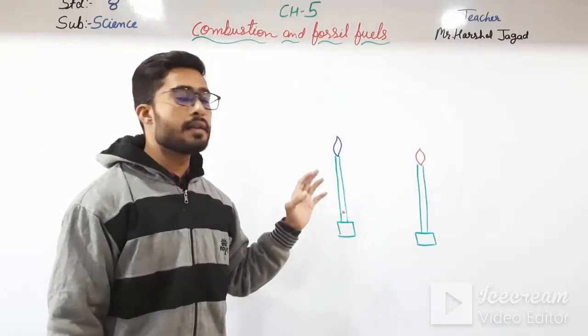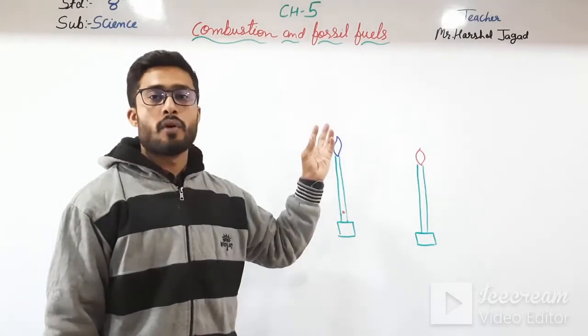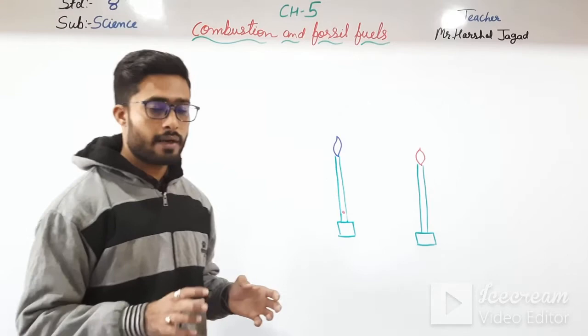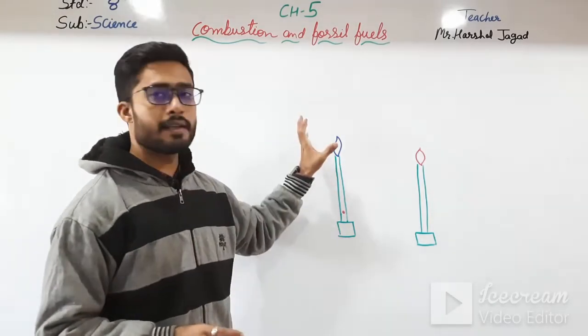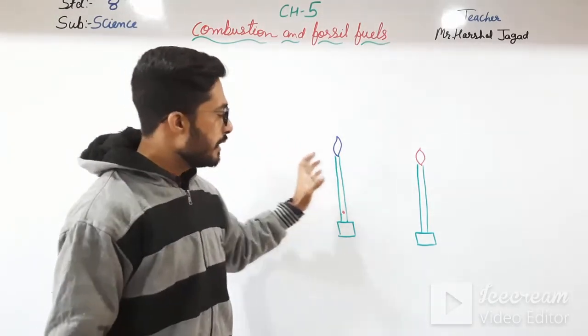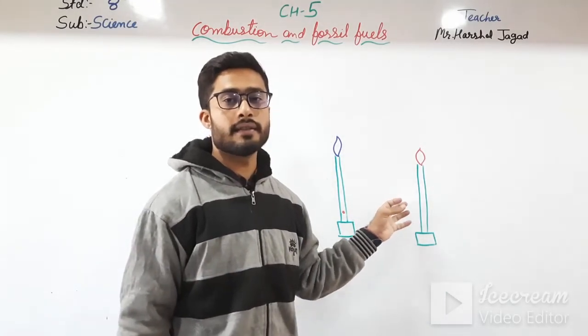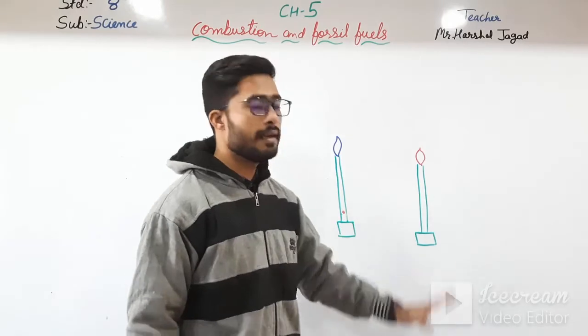So all three things required for fire are there. Here it is a blue flame, it is high end. Here the hole is closed, so air is not there in sufficient amount. So there is a red flame.